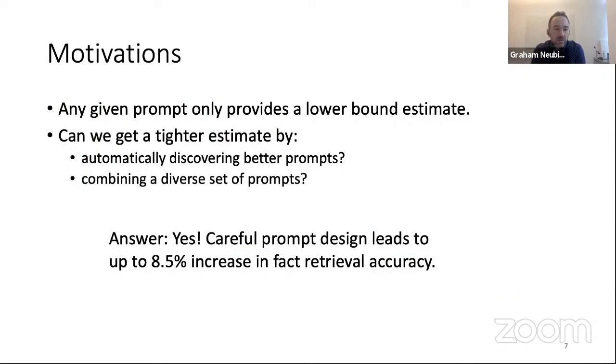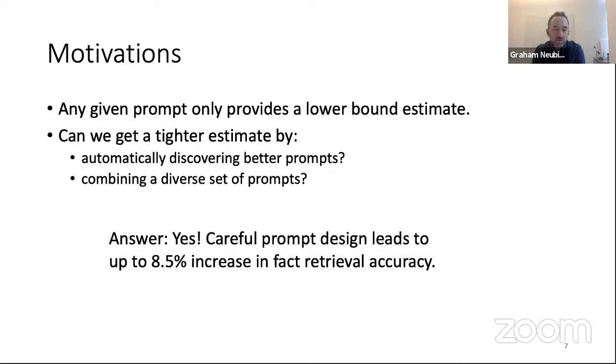So our motivation is that any given prompt only provides a lower bound estimate of how well the language model could do in an ideal situation. And so what we'd like to do is create a tighter estimate by automatically discovering better prompts, or maybe even combining together a diverse set of prompts that probe the model in different ways.